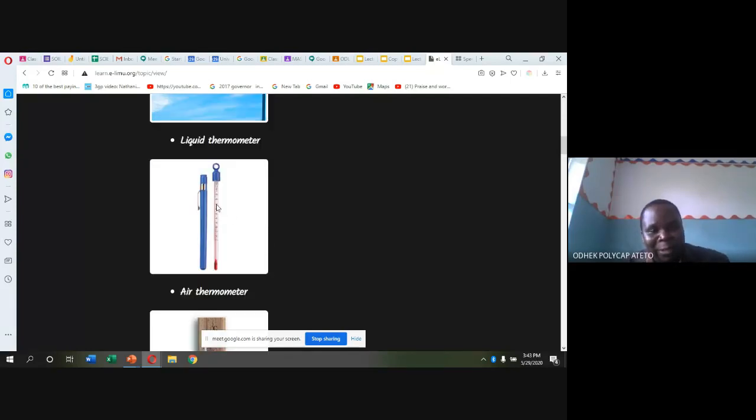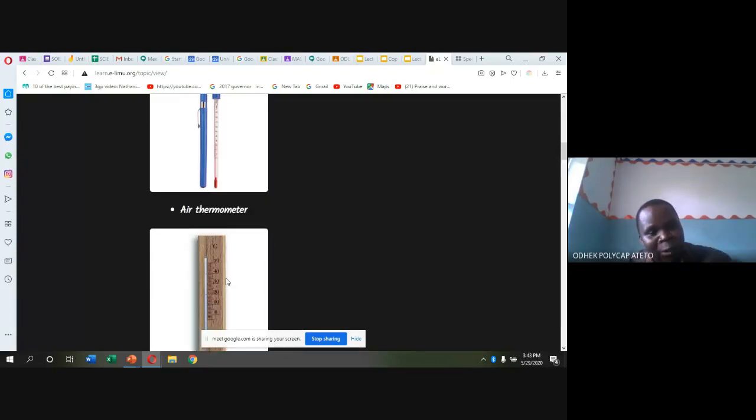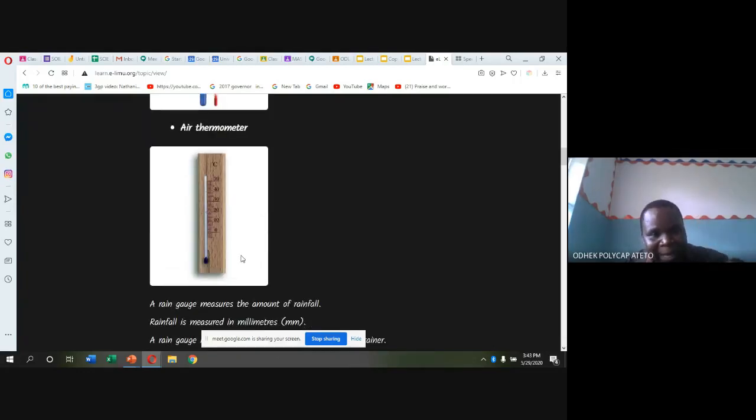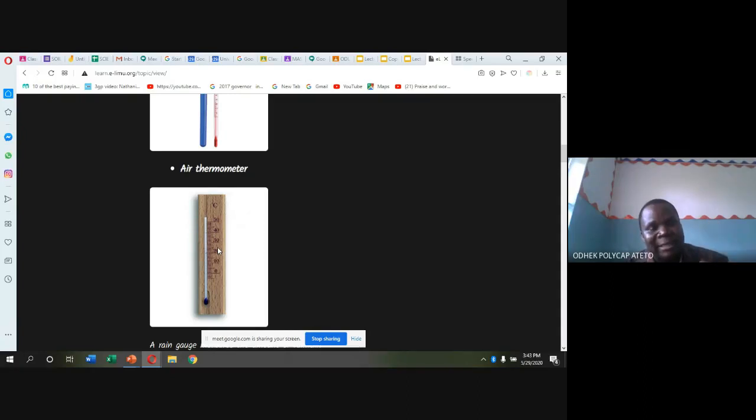What about the liquid and air thermometer? For the liquid thermometer, liquid must expand for us to see the ink moving. The same applies with air. The air must expand. So there must be something that occupies space for us to know the measurements, to know how hot something is or how low the temperature is.